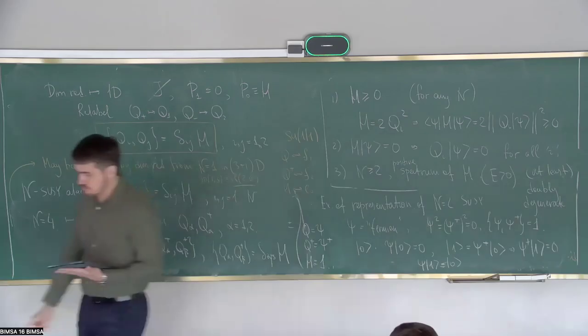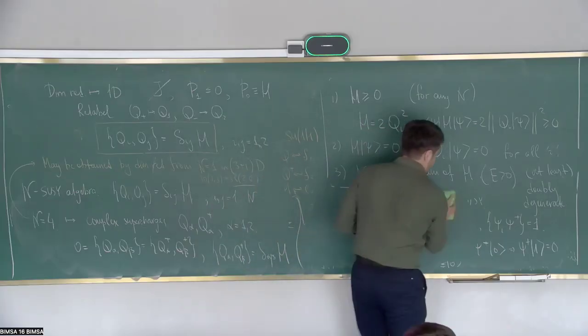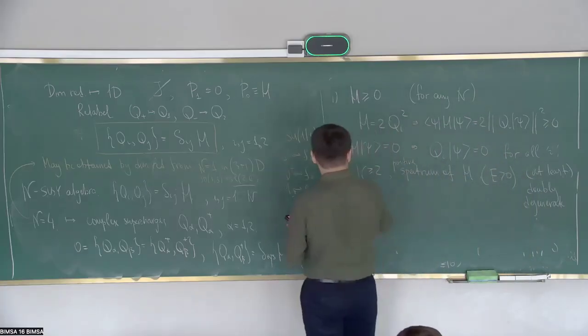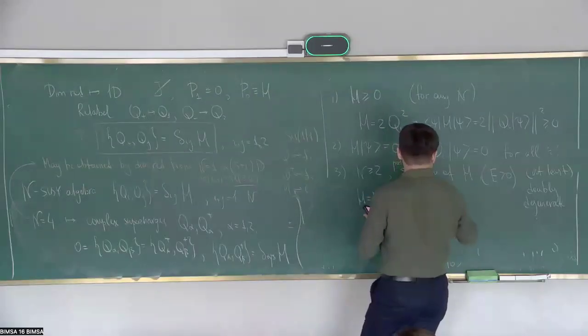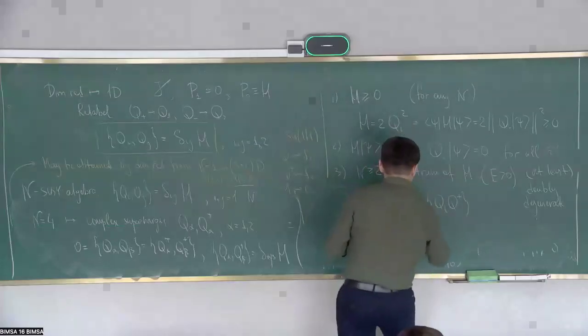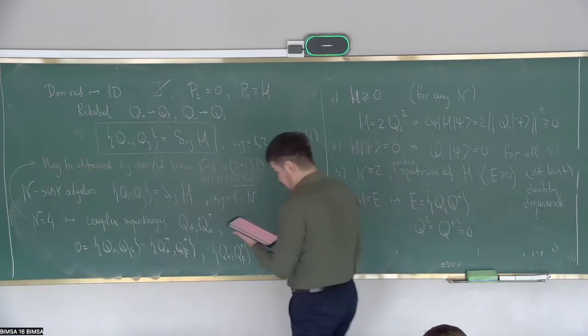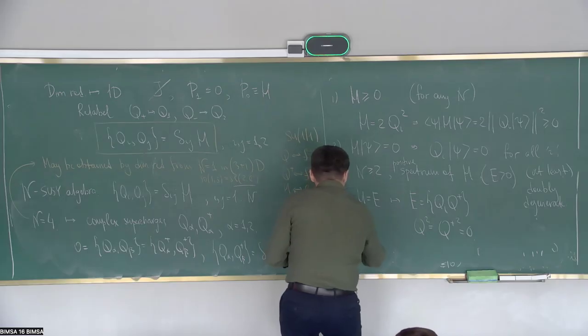Let's sit on an eigenspace where H equals E. We get that Q squared is proportional to E, and rescaling, the square of the generator is 0. Q squared being 0 means that Q can be represented as a certain number of Jordan blocks of size 2.